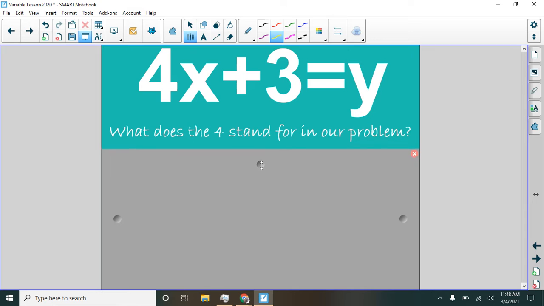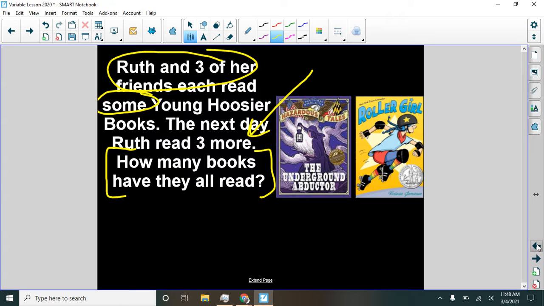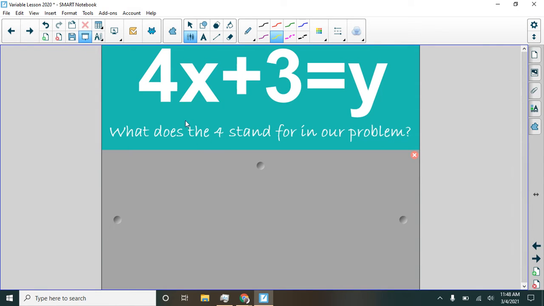So let's think back. What does the 4 stand for in the problem? Let's look back at this problem. What were there 4 of? There are 4 friends, right? 4 girls. This right here is the girls.